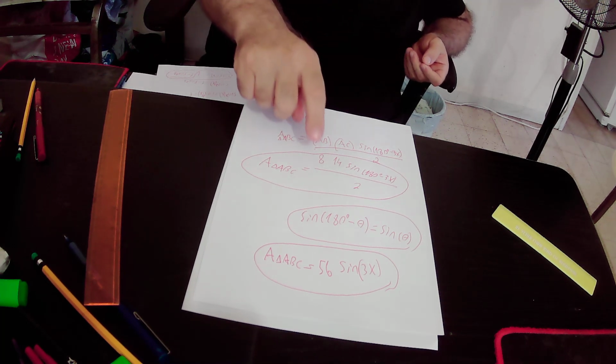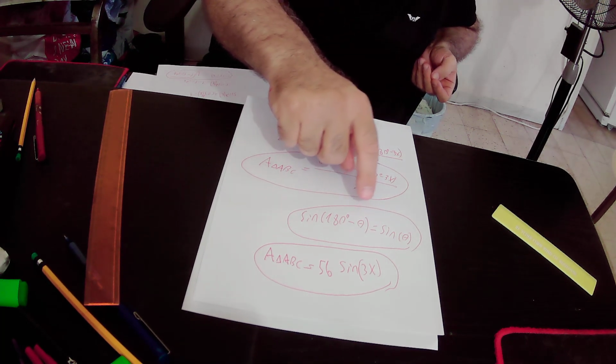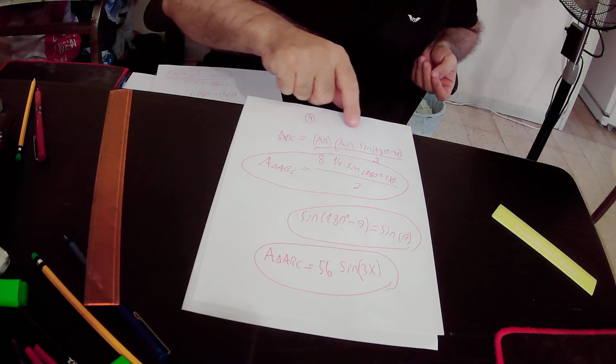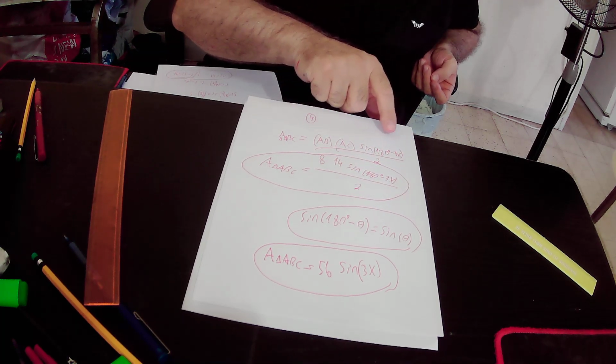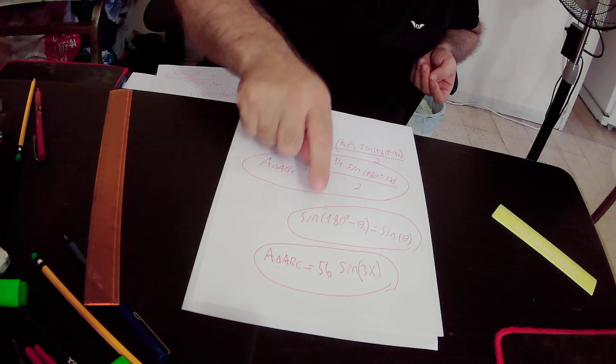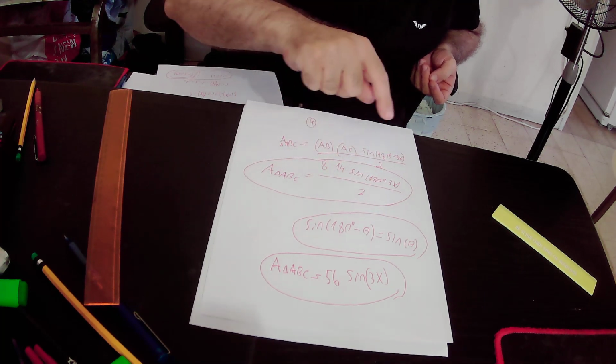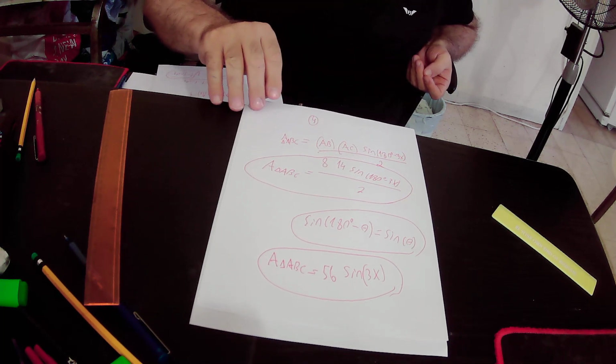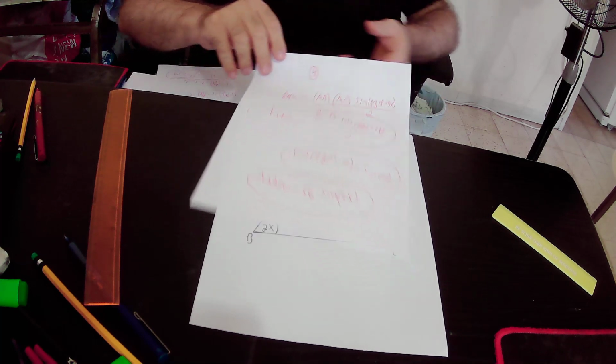And we know that sine of 180 degrees minus theta equals sine theta, so sine of 180 degrees minus 3x equals sine 3x. Okay?